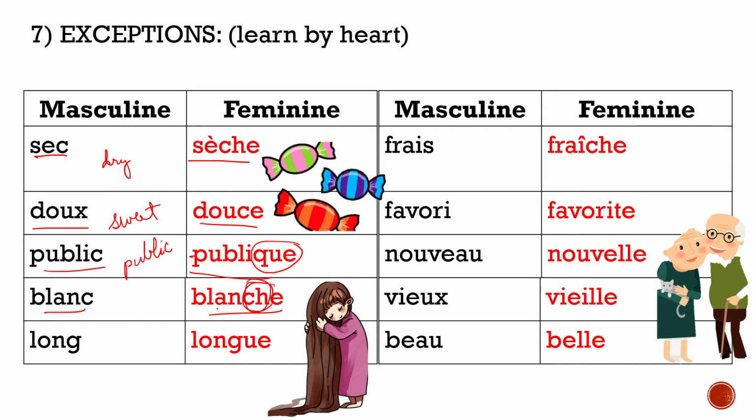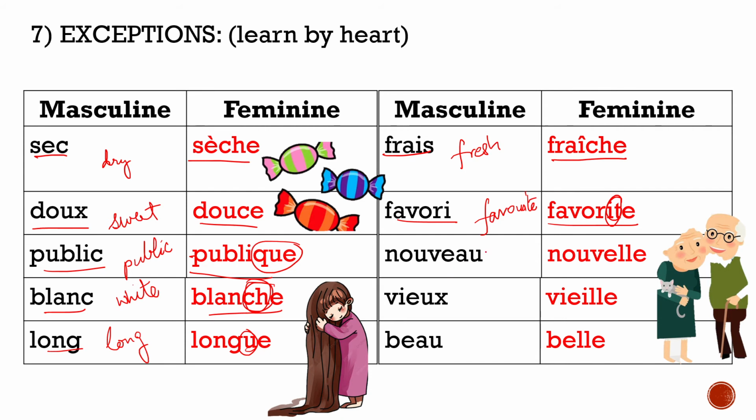The H is extra here, that's why it's an exception. Blanc, you know, is white. Long becomes longue, the U is extra here, which is long. Frais becomes fraîche, which is fresh. Favori becomes favorite. There's an extra T here, so that's why it's an exception, which means favorite.